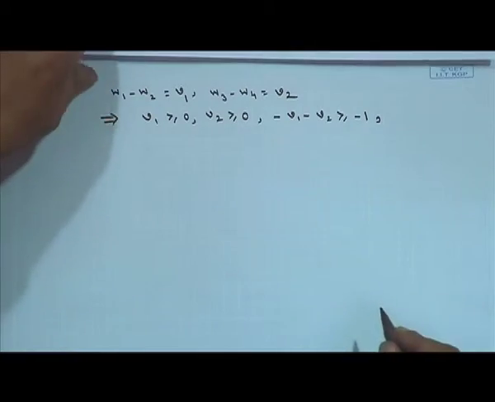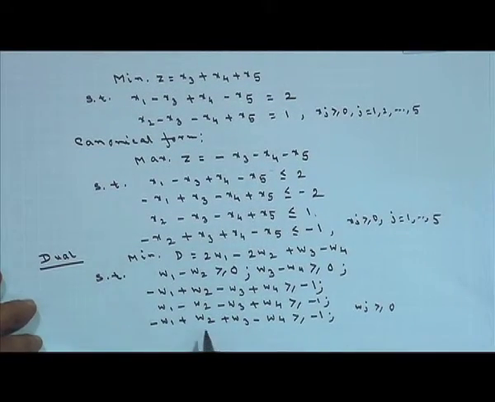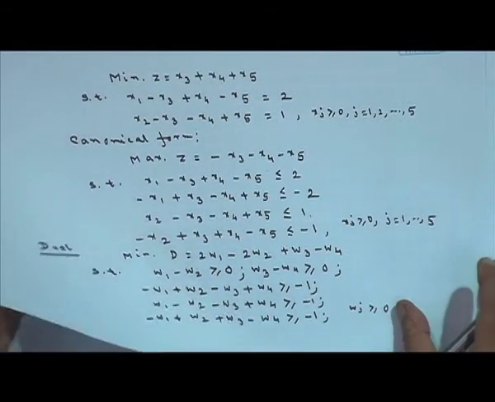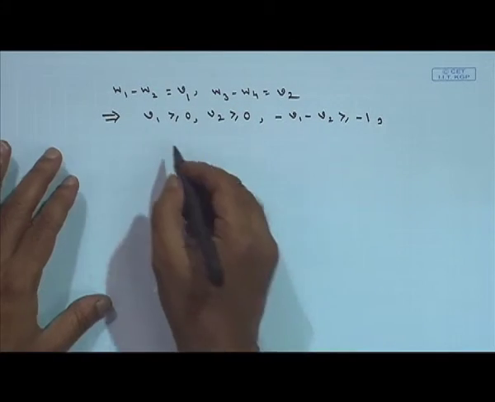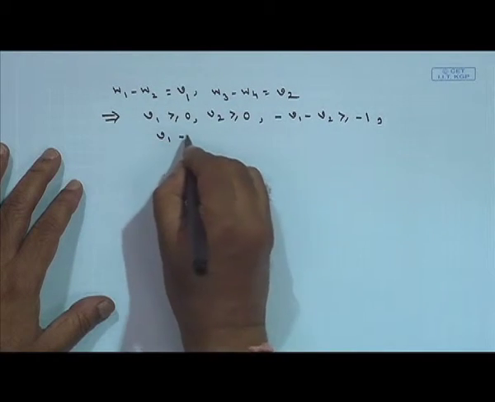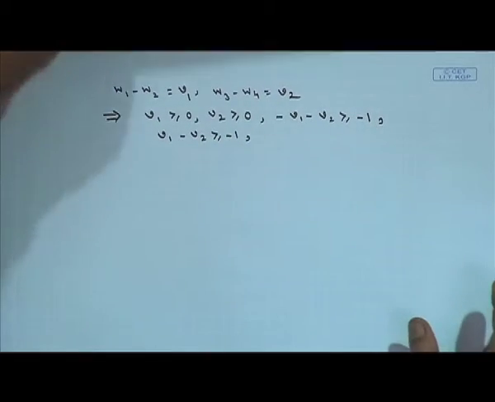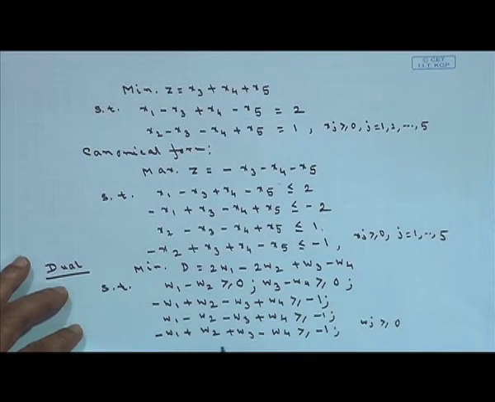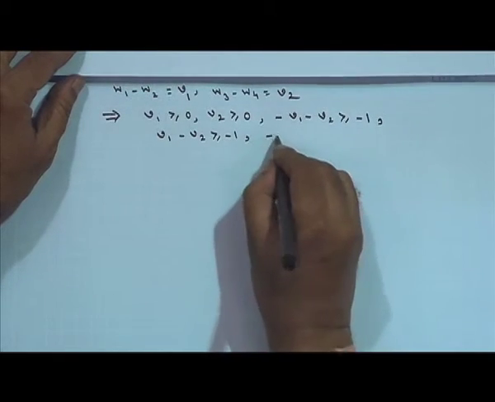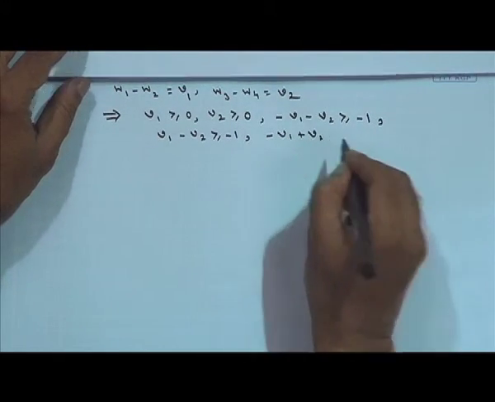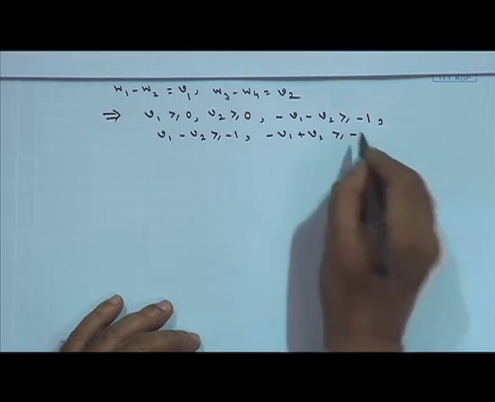Similarly, the next one I can write as V1 minus V2 greater than or equal to minus 1, and the last one is minus V1 plus V2 greater than or equal to minus 1.